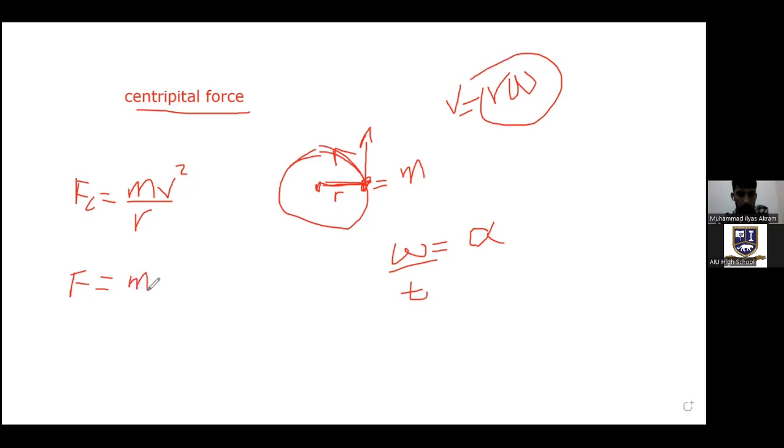Simply m comes down, and by putting the value of velocity here, r omega squared over r.